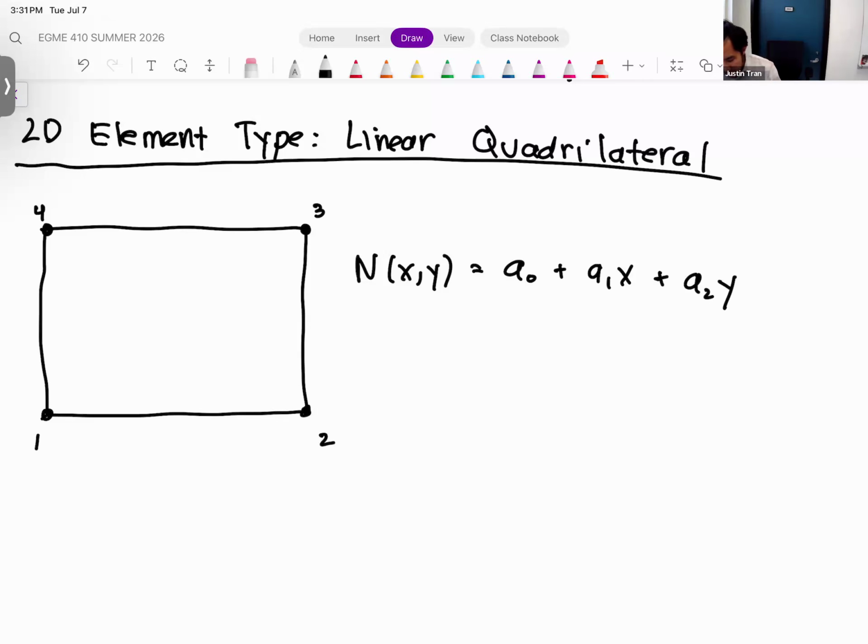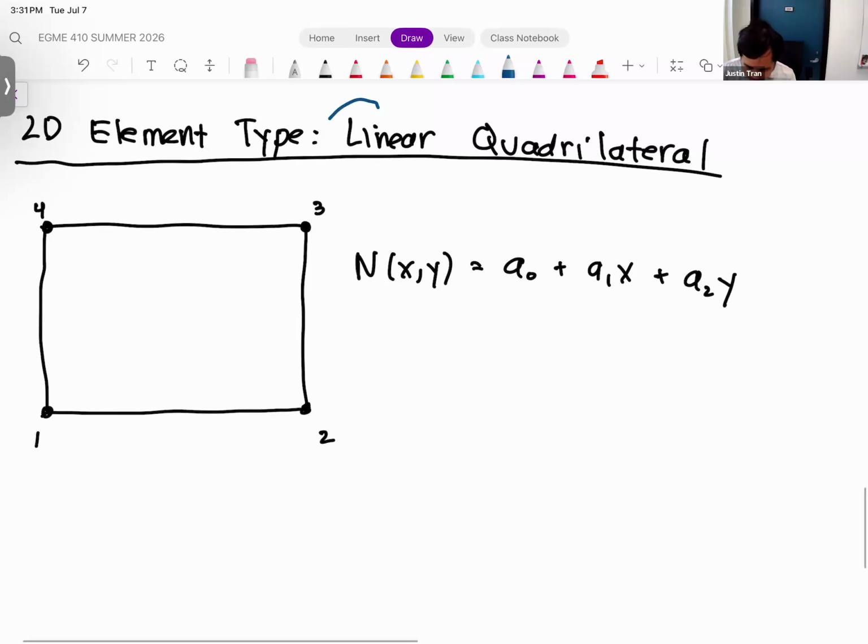But we're limited, if we go based on the naming of this element type, to just linear terms, meaning that the exponent of our spatial coordinate should not exceed 1. But we've already run out, since we've already used A1x and A2y.